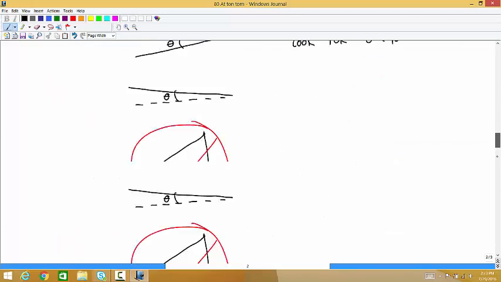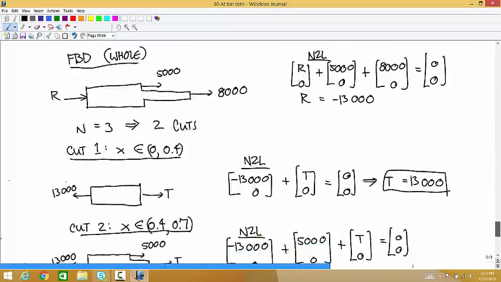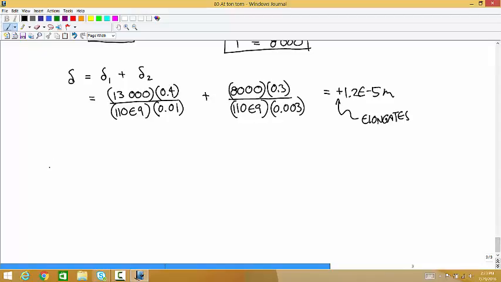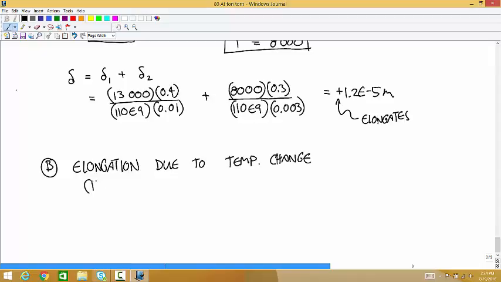Temperature change. So this is elongation due to temperature change, also known as thermal expansion.